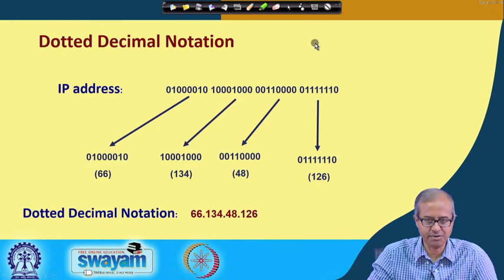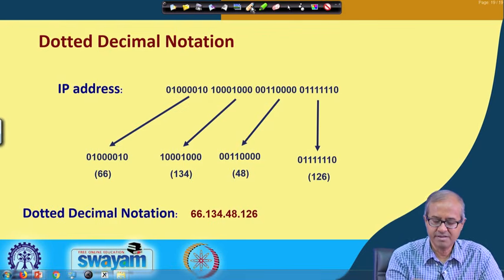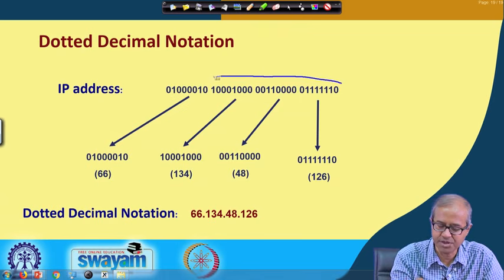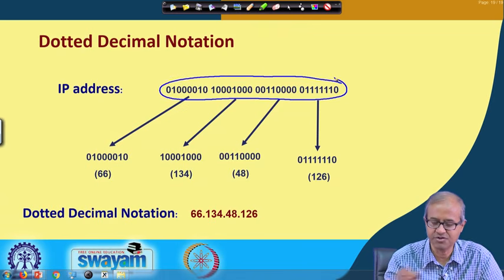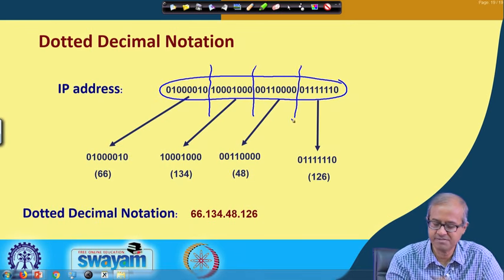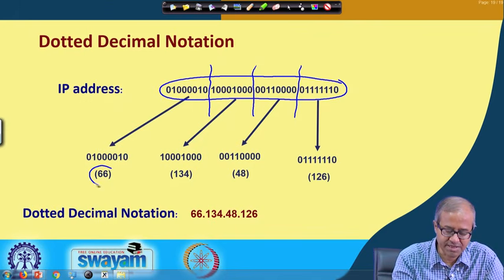Now, for the dotted decimal notation, let us take an example here. Suppose here we have a 32-bit IP address. You see there are 32 bits. This we have divided into 4 8-bit chunks, octets, and each of these chunks you are expressing in equivalent decimal.